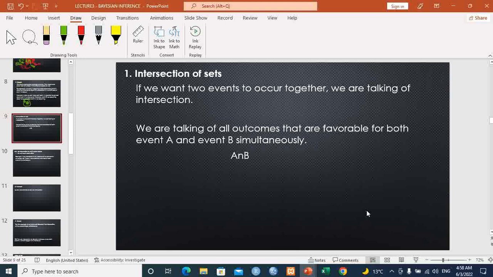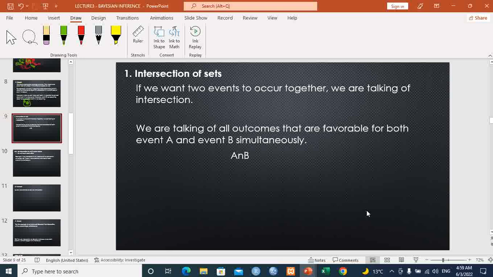If we want two sets to occur together, that is when we are talking of intersection of sets. We are talking of all outcomes that are favorable for both event A and B happening simultaneously.